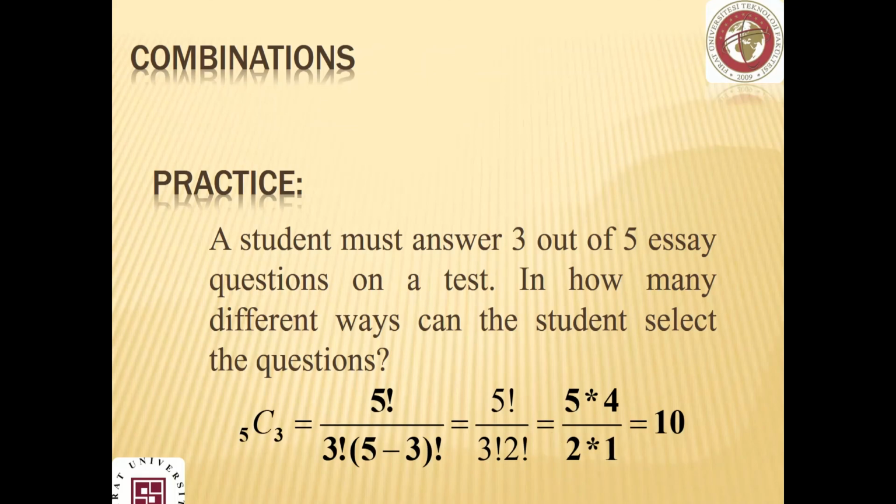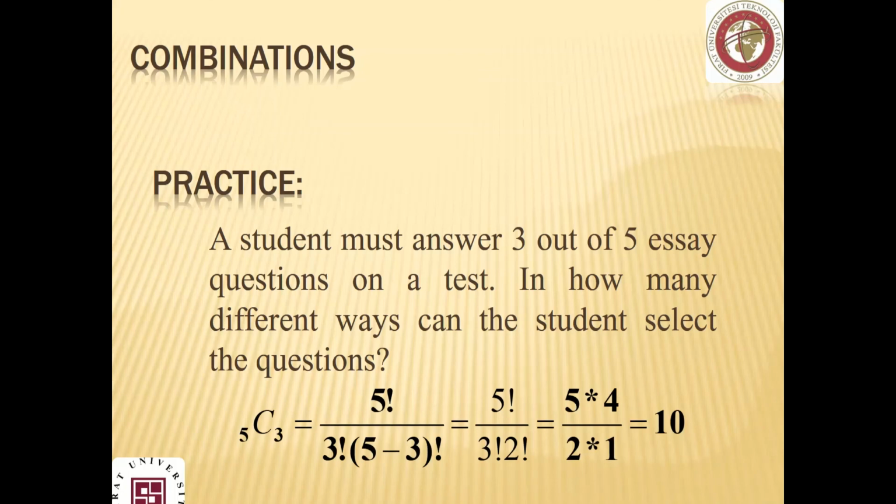A student must answer 3 out of 5 essay questions on a test. In how many different ways can the student select the questions? Now look at it. Does the order matter or it doesn't matter? If the order matters, then it is permutation. If the order doesn't matter, then it is combination. How do we know? Now think about it. You're a student. If you answer 1 and 3 and 5, does it look to you the same as 5, 3 and 1 or not?